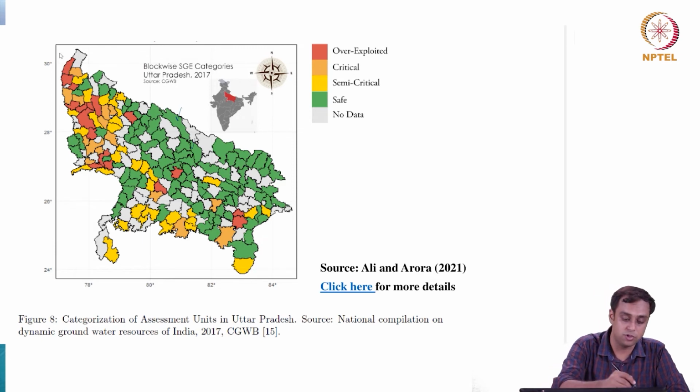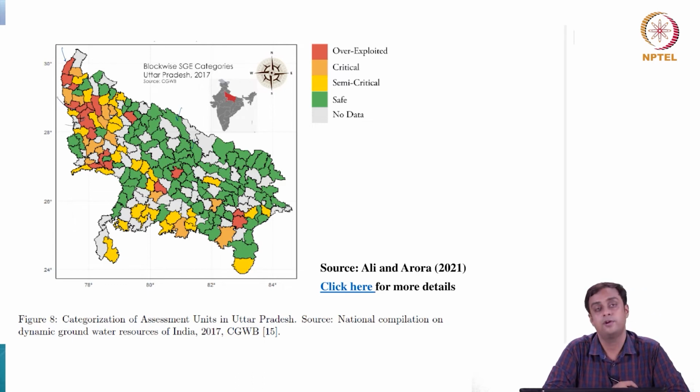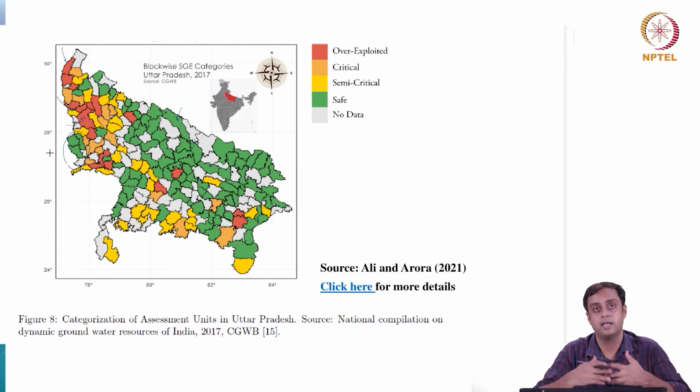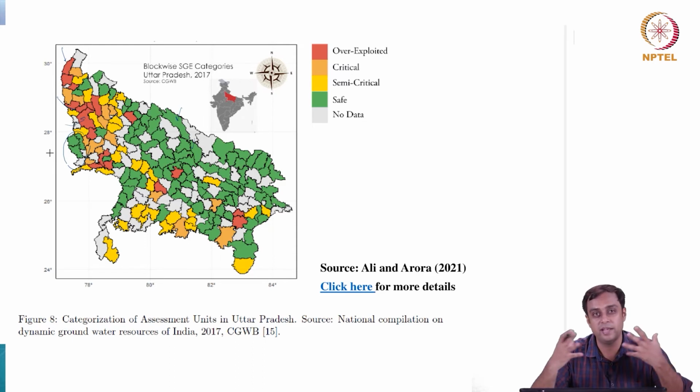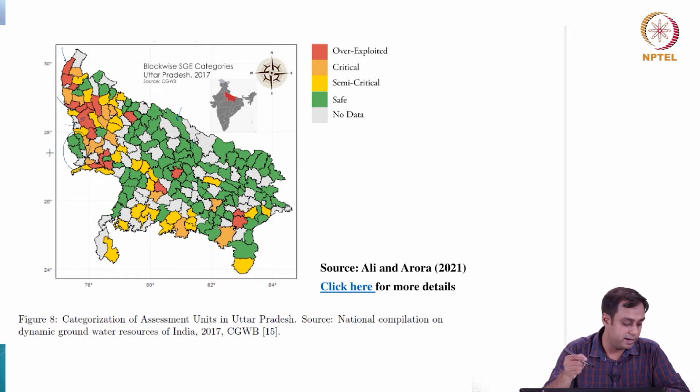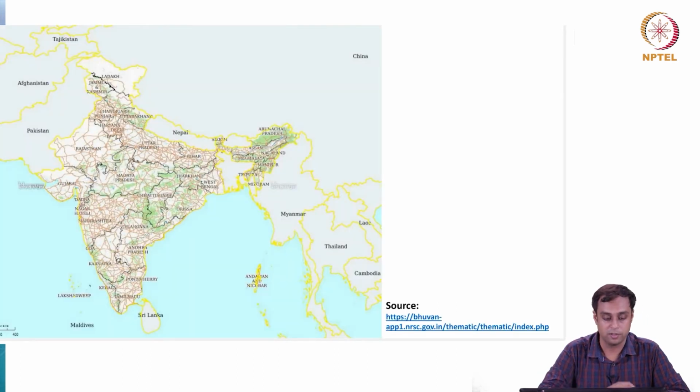You see on the western Uttar Pradesh side, which is closer to the National Capital Region, you have a lot more red, that is, overexploited regions, than others. That does not mean that they are all overexploited. You also have green regions around the NCR, which suggests that there is quite a bit of variation in how groundwater dynamics works. And these are recent data, they are 2017 data, so they are not ancient data.